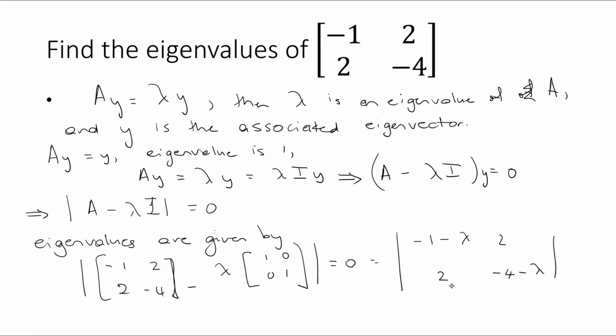When we find that determinant, it is (-1 minus lambda) times (-4 minus lambda) minus 2 times 2 equals 0. So playing around with that, we get lambda times (5 plus lambda) equals 0. So lambda equals 0 or -5.